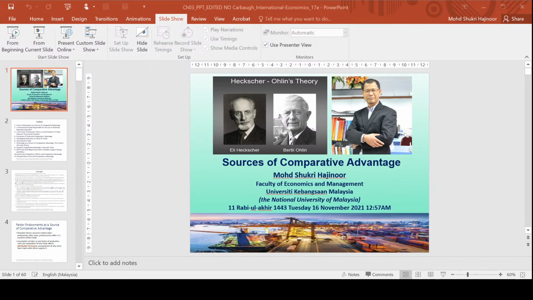It is based on the different shape of the production possibilities frontier between countries, which becomes the source of comparative advantage. In one country, the shape of the production possibilities frontier is more toward X, in the other country, more toward Y. That difference in shape becomes the basis for international trade based on comparative advantage.